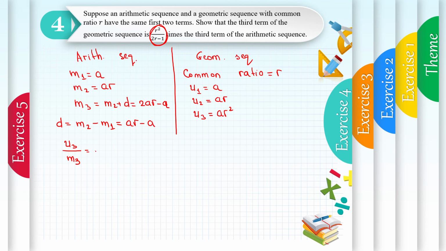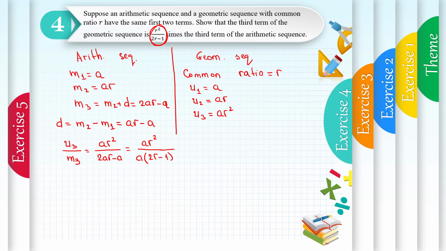Let's prove it. The third term of our geometric sequence is ar squared, and the third term of our arithmetic sequence is 2ar minus a. So we get ar squared over, if we take the common factor a, a times (2r minus 1).